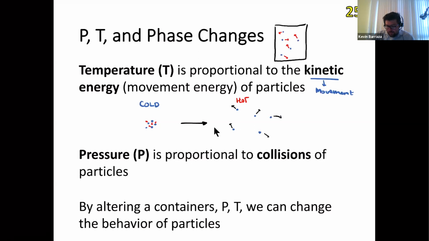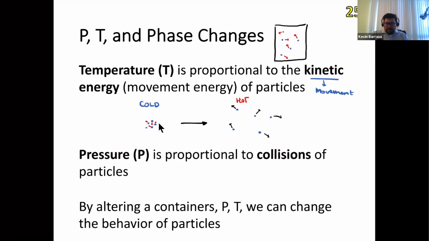So what we should have been able to recognize, and maybe my drawing is enough to get that image across, is that in the cold scenario, the particles don't have a lot of energy to move, and so they move very slowly.